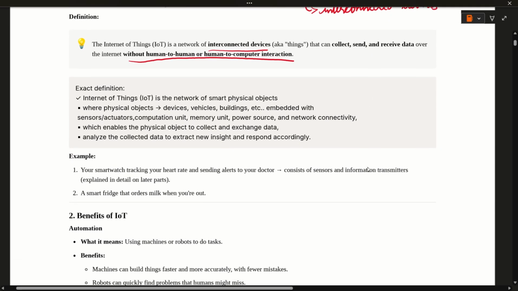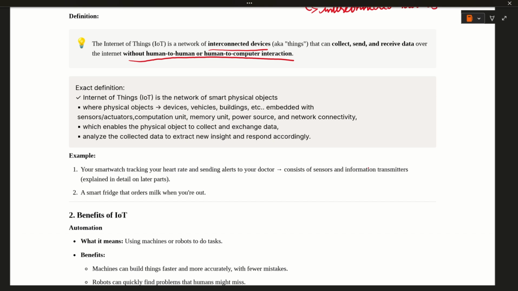To look at a few examples, first is your smartwatch, which tracks your heart rate and sends alerts to your doctor. To explain it in detail, a smartwatch has sensors which measure things like your heartbeat and your sleep levels. These are tracked by sensors, which are the input unit in our IoT system. This input goes to a microcontroller unit, which is either inside your watch, or it is sent to a cloud where it is analyzed in greater detail and then given back to you via your health apps.